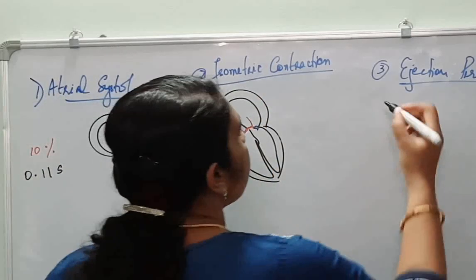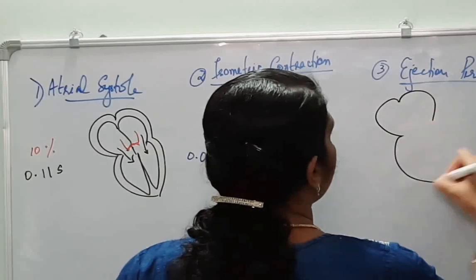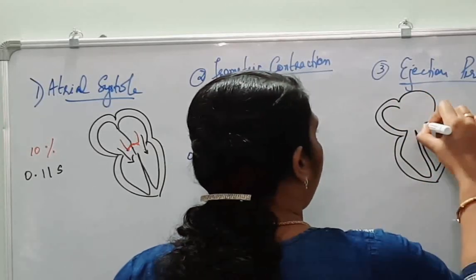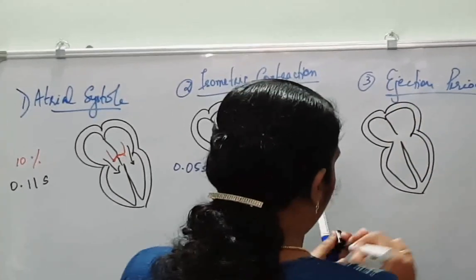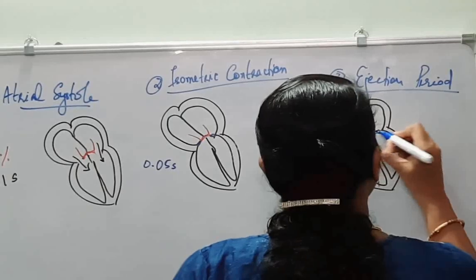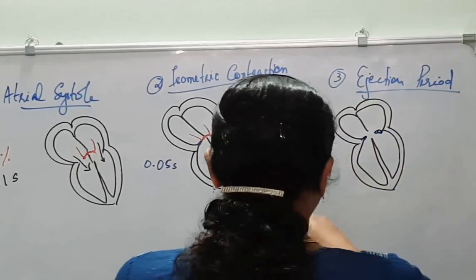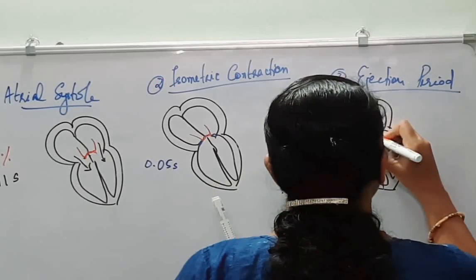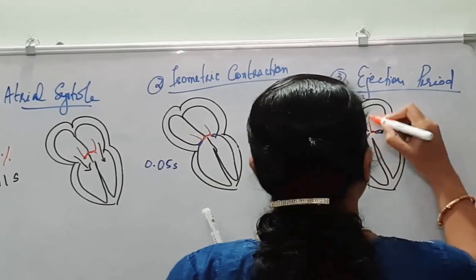We will draw again for better understanding. This is the heart. This is the atrioventricular valves. This is the semilunar valves.